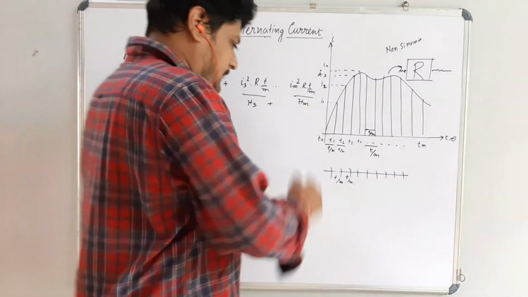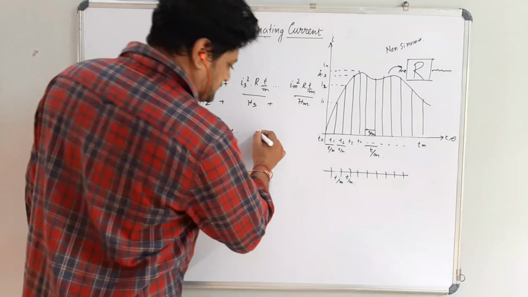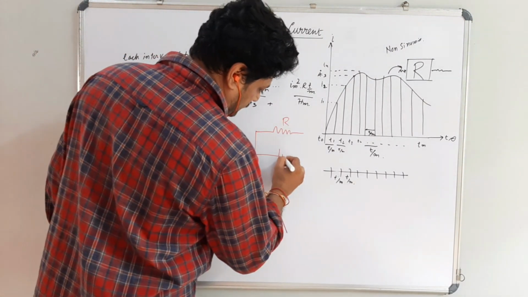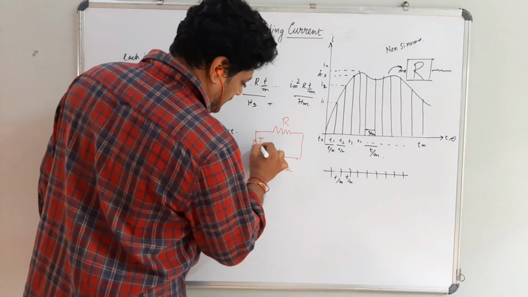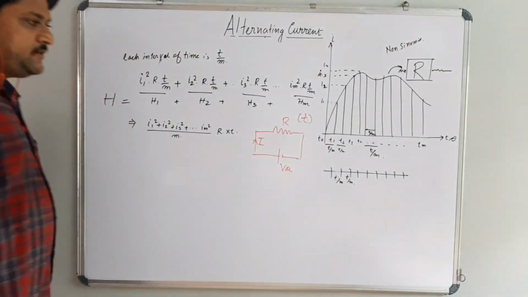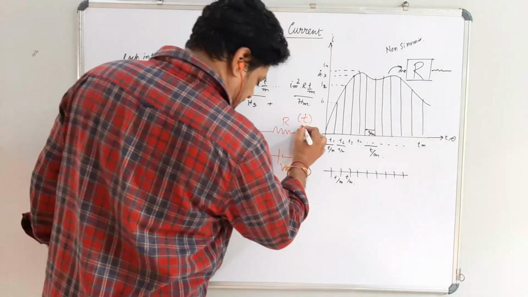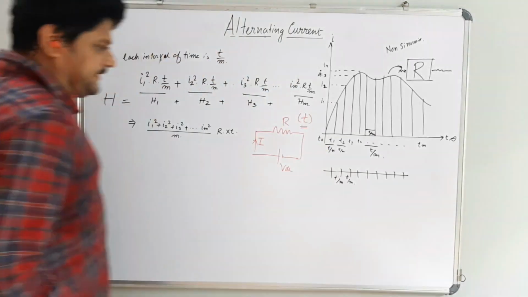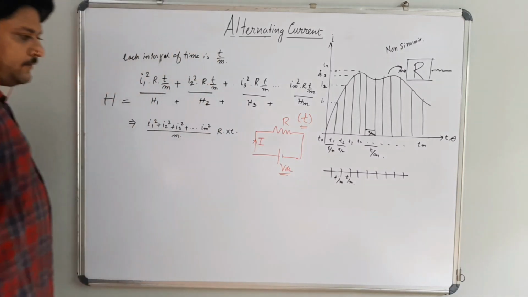Now some voltage, VDC, is applied across the same resistance R, and due to this a current I is flowing through it. In the same time t we have to produce that same amount of heat. In the other way, in time t by this VDC for the current I, what is the work done?